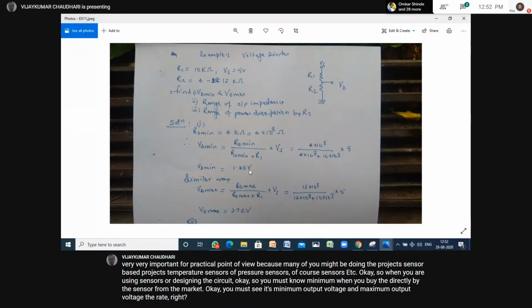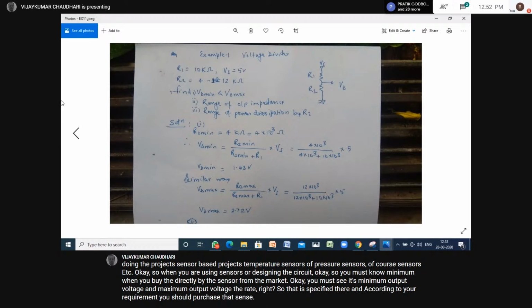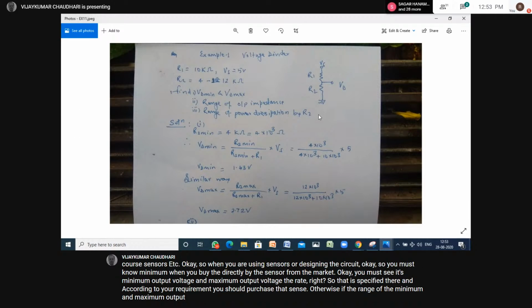That is specified there, and according to your requirement, you should purchase that sensor. Otherwise, if the minimum and maximum output voltage of the sensor doesn't match your circuit, that sensor will not be useful in your project. Okay, so how to calculate it?